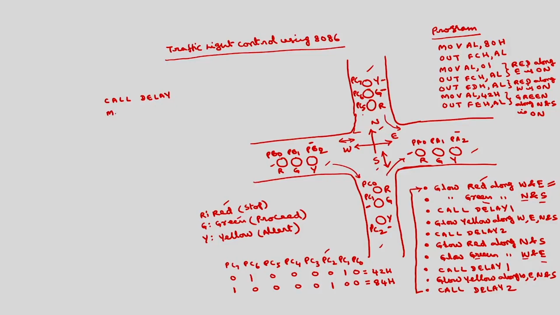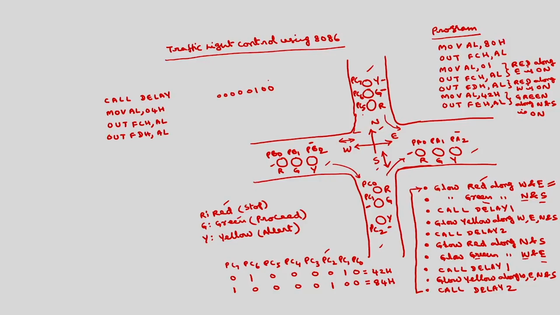So, MOV AL, 04H. 04H means 0000 0100. I am going to output onto port A as well as port B. Port A is FCH comma AL, port B is FDH comma AL.